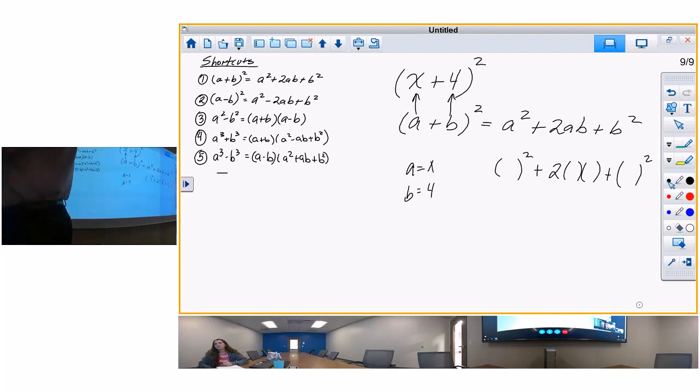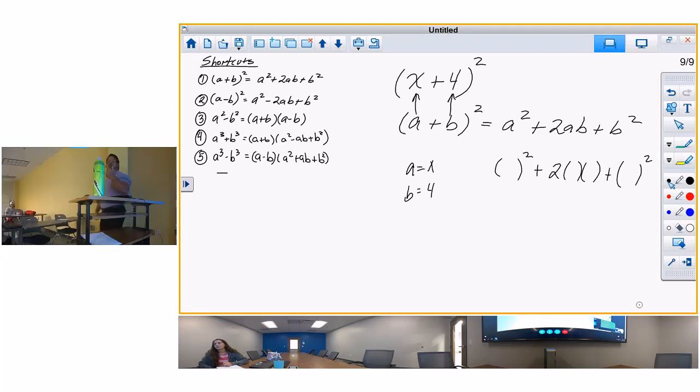Fractions and negatives. If you plug in a negative or a fraction the wrong way, or if you don't make sure to square it, you're going to screw it up. So that's why I put the parentheses.